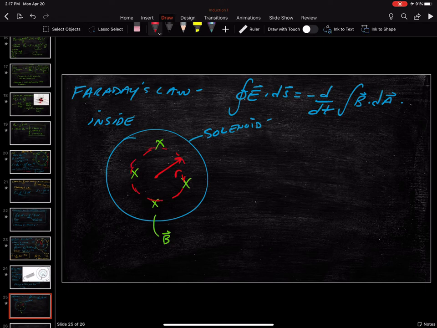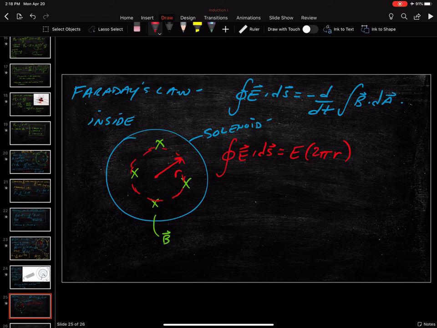Okay, so along here, E is constant, points in the same direction, so integral E dot ds should be E times 2 pi little r, where little r is the radius of this loop. Okay?